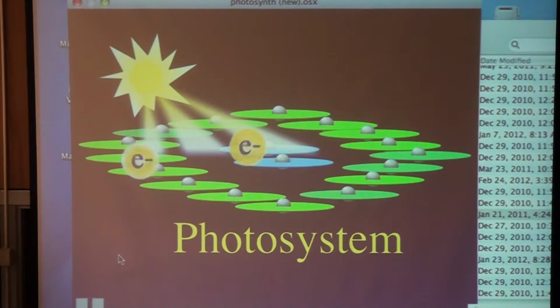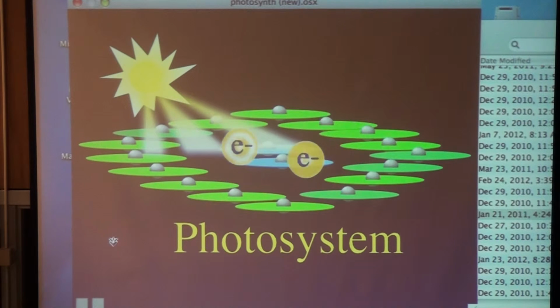It acts as a trapping center for the energized electrons. And so what happens is, eventually the reaction center is going to capture two energized electrons from the photosystem. And so once those two energized electrons are there, they get stuck there.